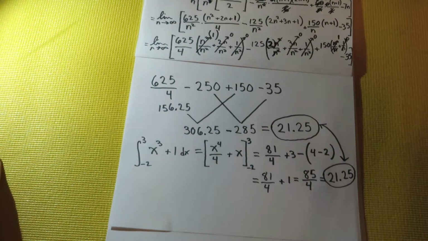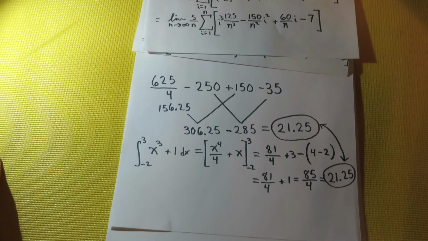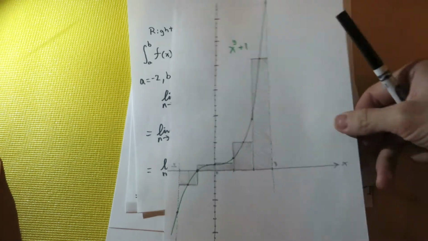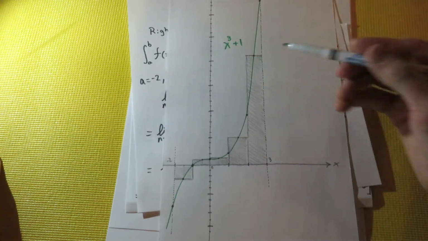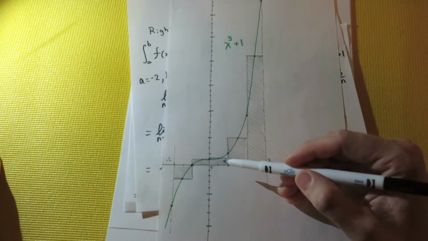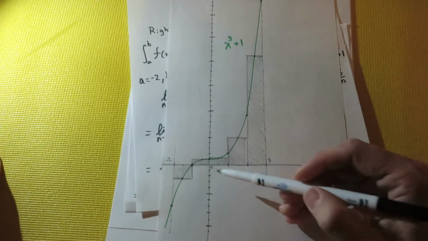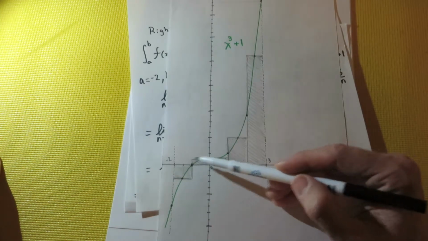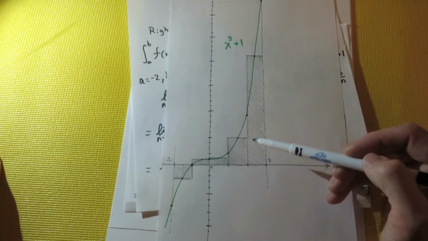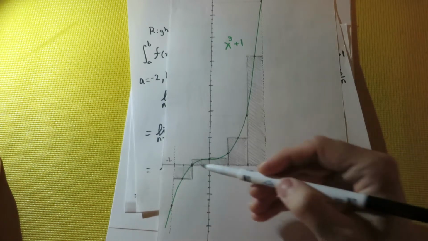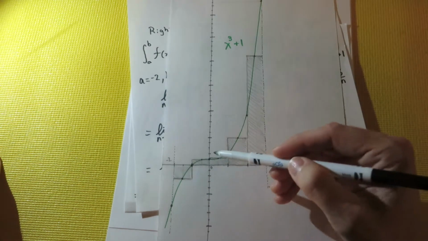Now, just to give you a broader appreciation of what we've done here, this is the curve that we were looking at. This is x cubed plus 1 on the interval from -2 to 3. And this particular chart of rectangles here is when we were using midpoints, if you recall. But now we found the exact area underneath the curve.